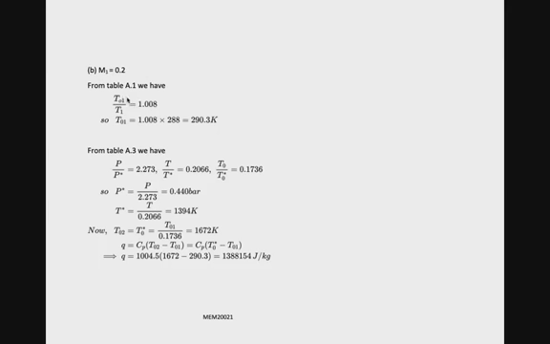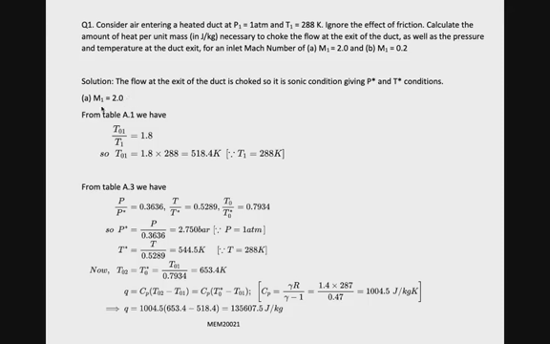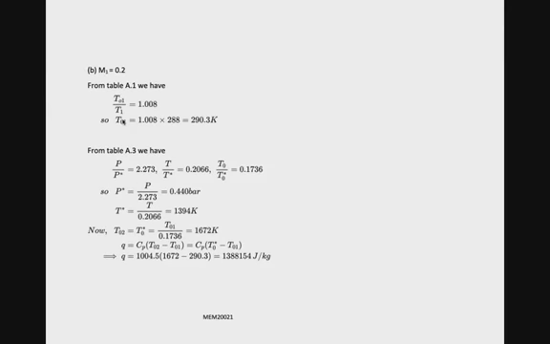In the same way we did for part A of the question, from table A1 we follow the same steps to find stagnation temperature at point 1, which gives 290.3 Kelvin, and from table A3, which is the Rayleigh flow table, we extract P by P star reference, T by T star reference, and stagnation temperature by stagnation temperature star reference, followed by P star reference, which gives 0.440 bar, and T star is equal to 1394 Kelvin.